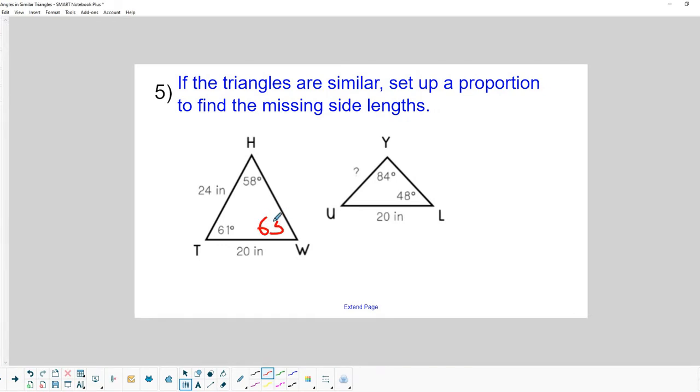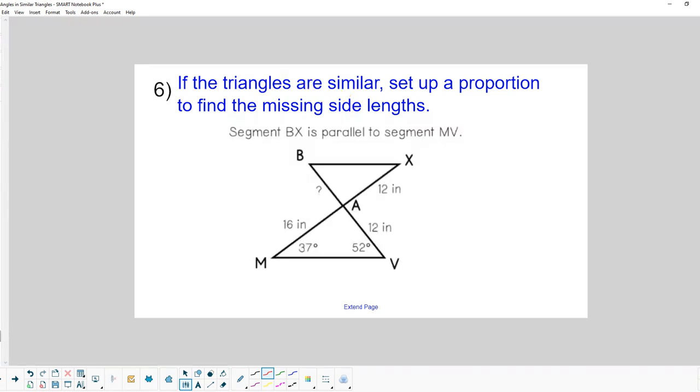Well, if I look over at this triangle, I don't see a 65-degree angle. Do you? Not 65. So we have to see if they are similar, and they aren't. They are not similar. So we can't find the missing side length because it won't work.